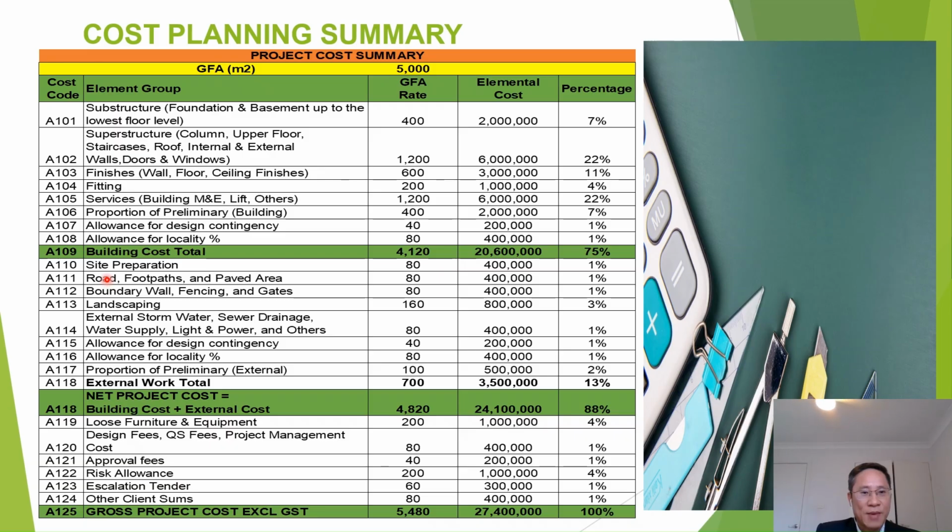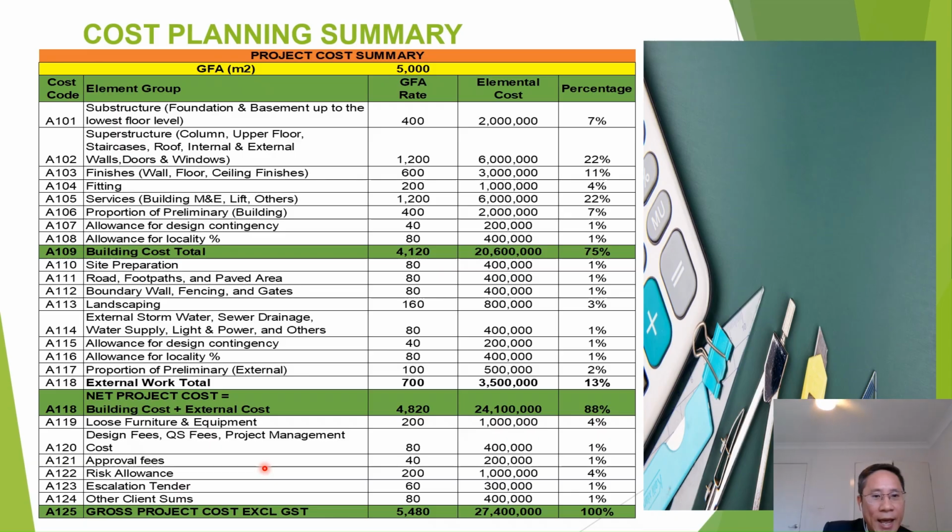And as mentioned before, we should not include the external work in the building cost total. And we will then be able to identify the net project cost and the GFA rate and elemental cost, adding some other costs such as the design fees, approval fee, risk allowance, other client sums, and contingencies.